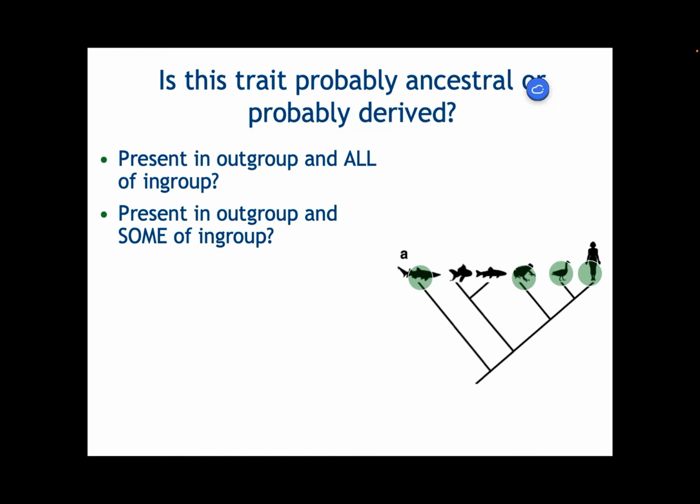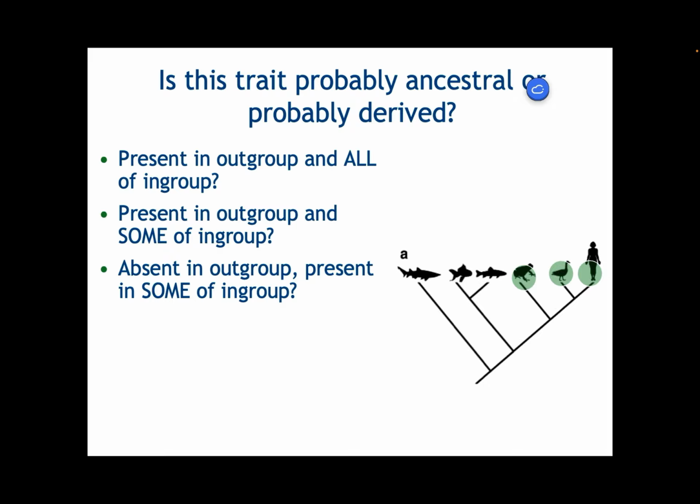What about a trait that is present in some of the in-group and is not found in the outgroup? Raise your hands if you think this is probably ancestral. And raise your hands if you think it is probably derived. Yes, I think so too.